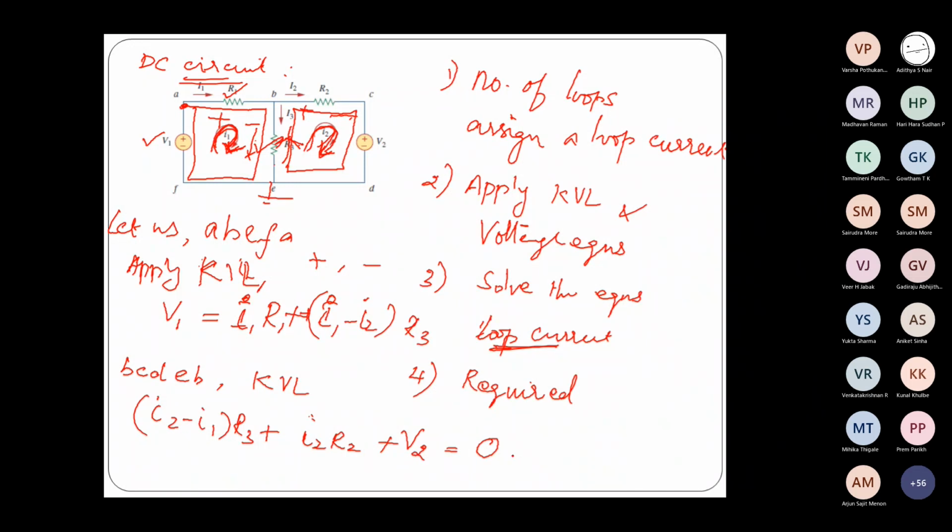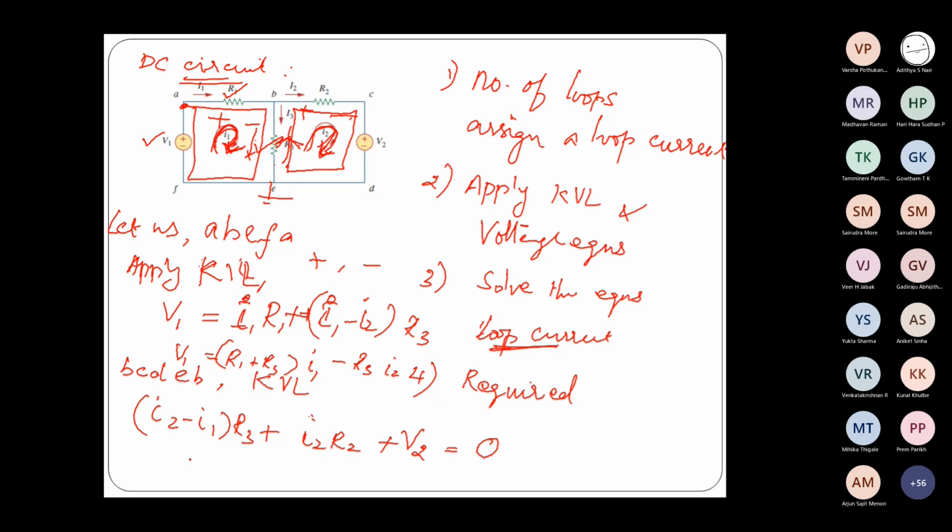Okay, now let us simplify this equation. I'll write it here itself. So V1 is equal to, here we have I1 appearing in two terms, right? So I can write it as R1 plus R3 into I1 minus R3 into I2.